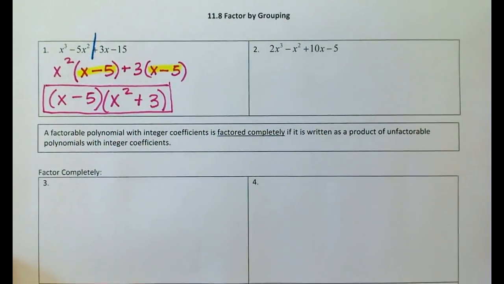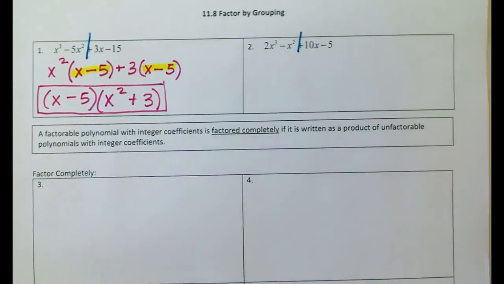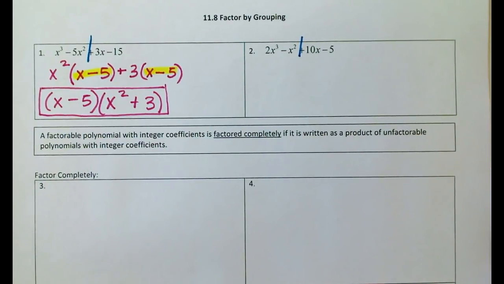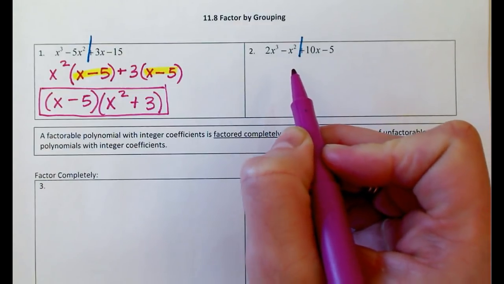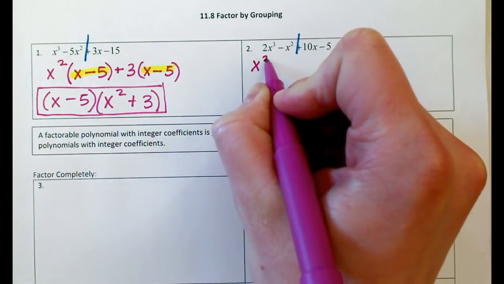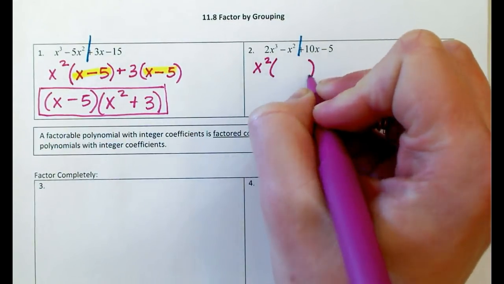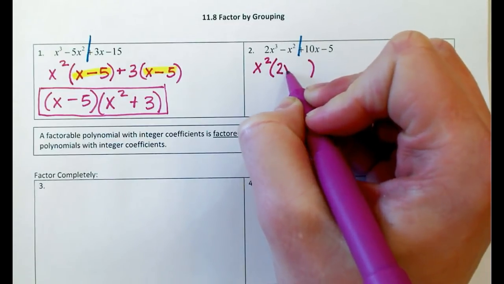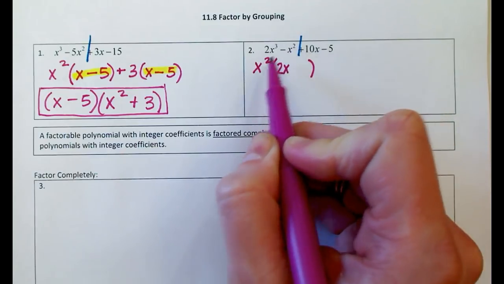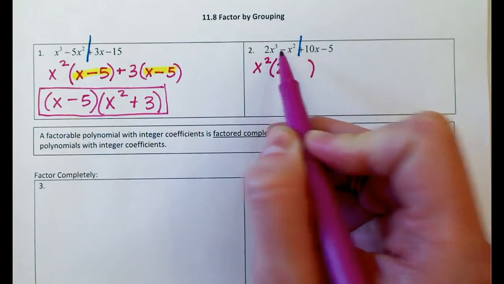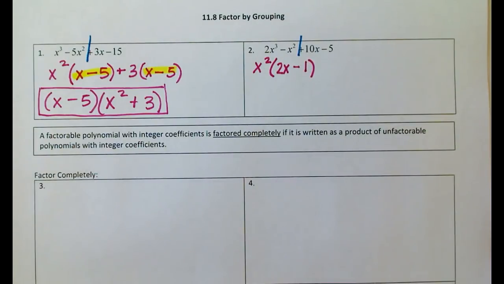All right, let's take a look at the second problem. Same process, I'm going to cut this in half. Looking at my first 2, I'm checking for the GCF. Between 2x cubed and x squared, I have an x squared in common. Factoring out from these 2 terms, I'm left with a 2x, and if I factor out x squared completely from the other term, I still have a minus 1 placeholder for when it multiplies back.